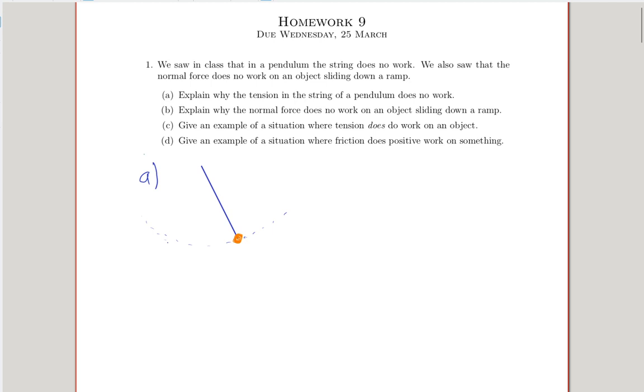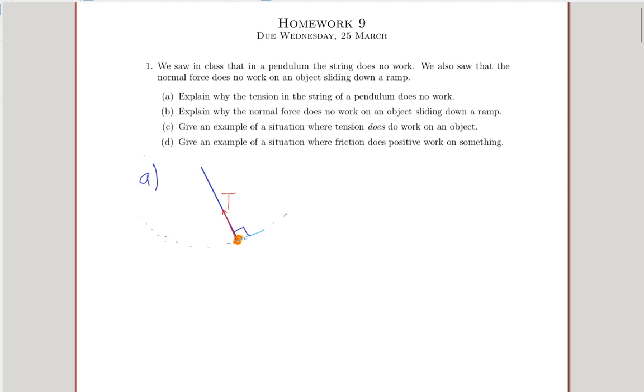The thing that you need to realize here is that the string is always perpendicular to the path of motion. So this way is the force of tension, but at that point, instantaneously, the motion is that way.